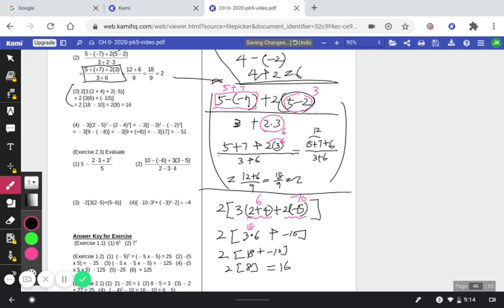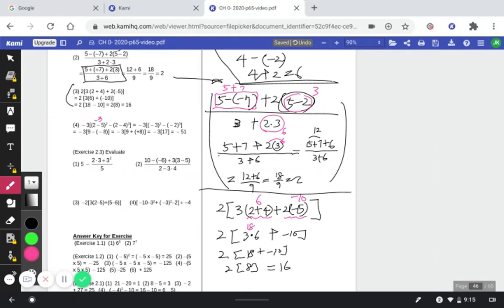Now number 4, negative 3 times quantity of, and inside the quantity of 2 minus 5 squared minus 2 minus 4 to the third power. So when you have more than one group symbol, you do inside first. So 2 minus 5 is negative 3.